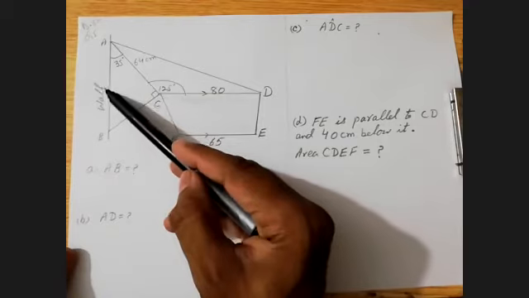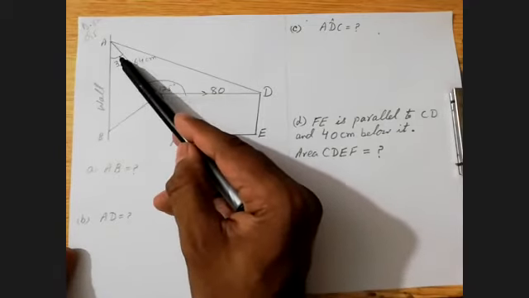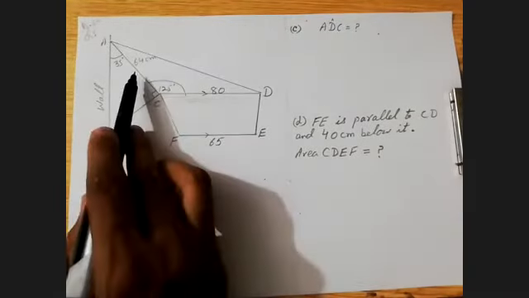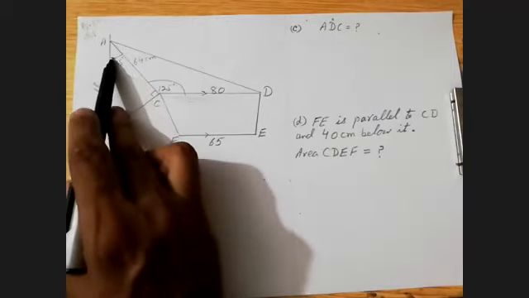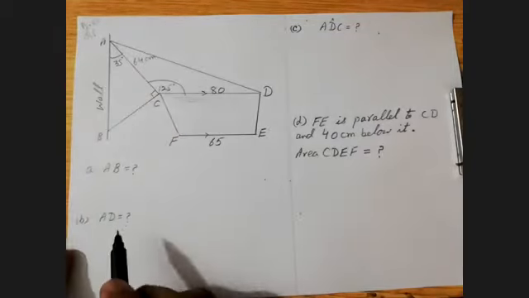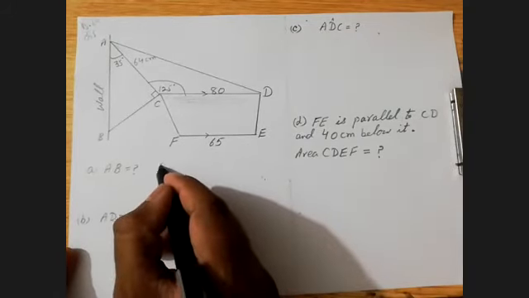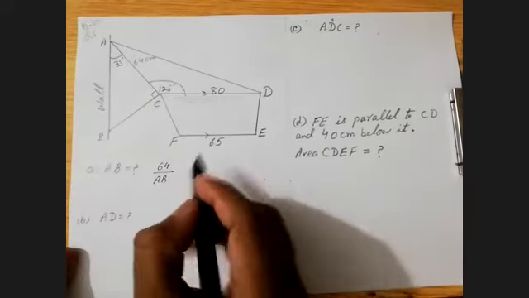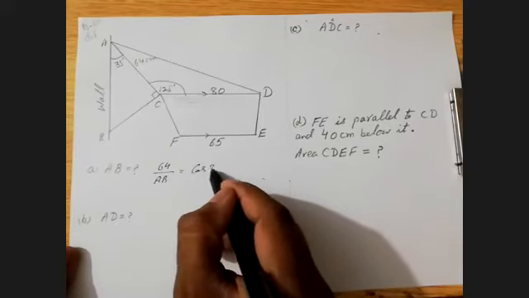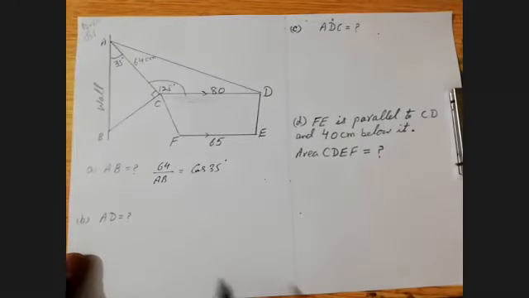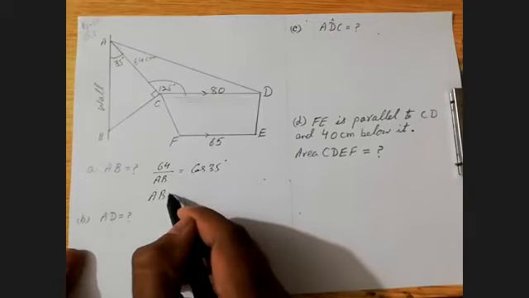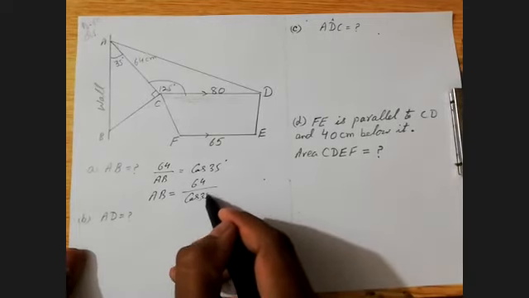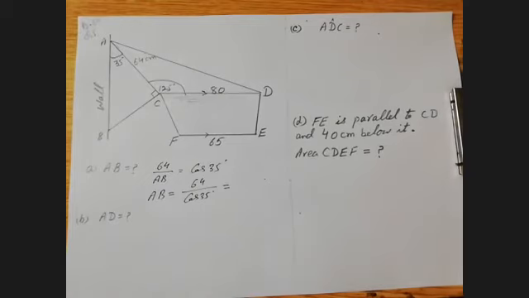So, base over hypotenuse: because this angle is given, to find AB we can apply the cos ratio, because this side is given with the angle, adjacent over hypotenuse. 64 over AB is equal to cos of 35 degrees. So AB is equal to 64 over cos 35 degrees.